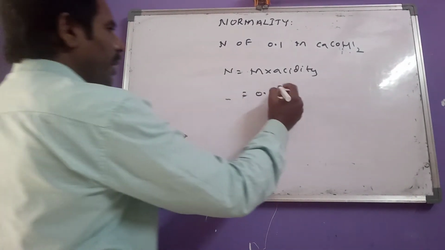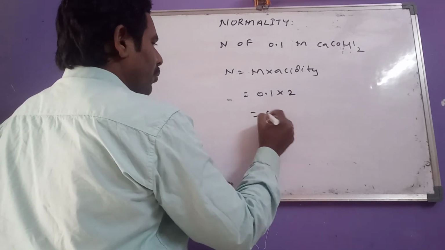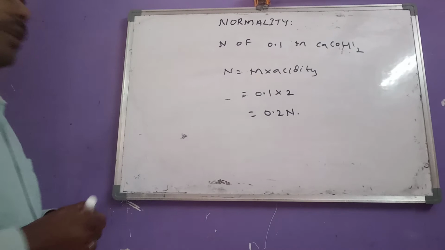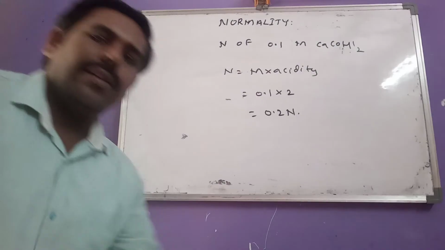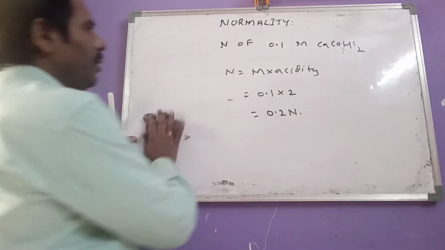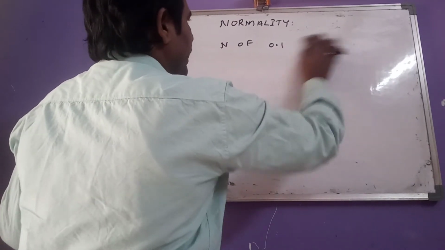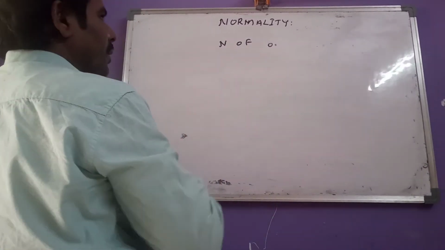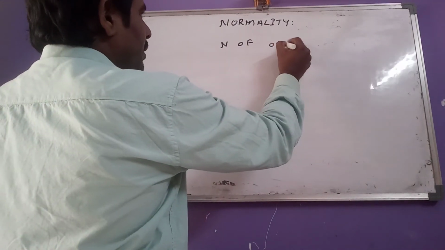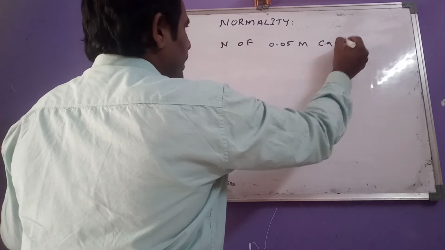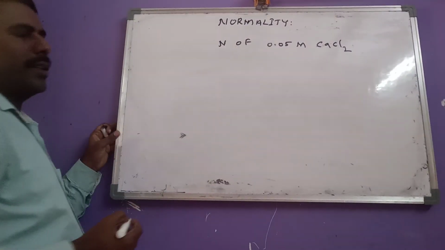So 0.1 into 2, we get the answer 0.2N. Okay. Then I give one example of salt. What is the normality of 0.05 M CaCl2 solution?